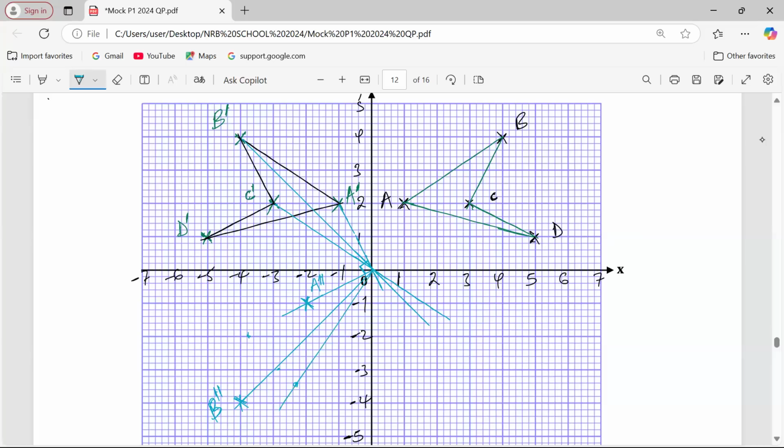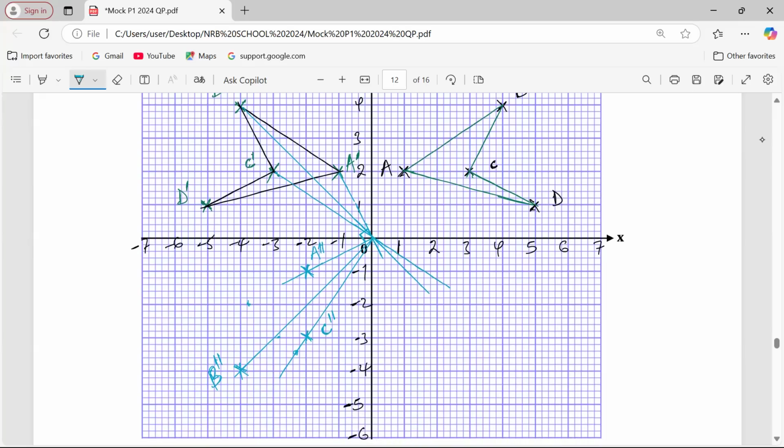So when I move an equal distance along this line, then for C, I'll be at this point. Equal distance, that is where I will be. So this becomes my C double prime.